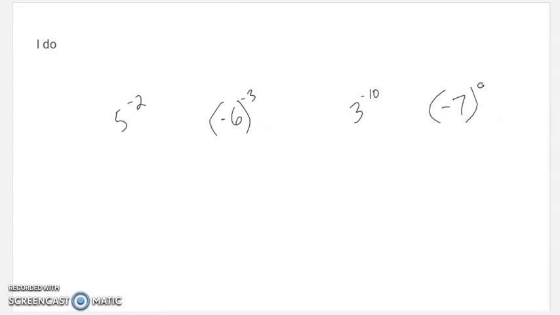So, without having to do that calculation every time, though we're still going to write a few notes: 5 to the power of -2, the way you can figure that out is 5 to the power of +2 is 25. So 5 to the power of -2 is 1/25. Super quick, right? -6 to the power of -3.